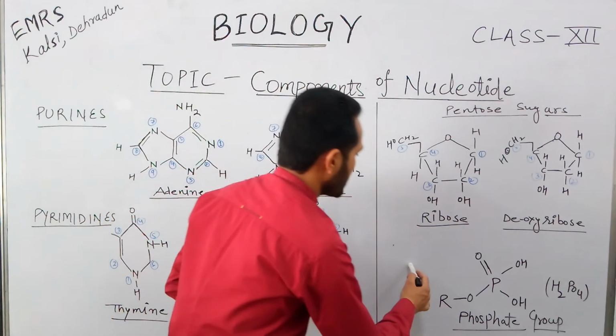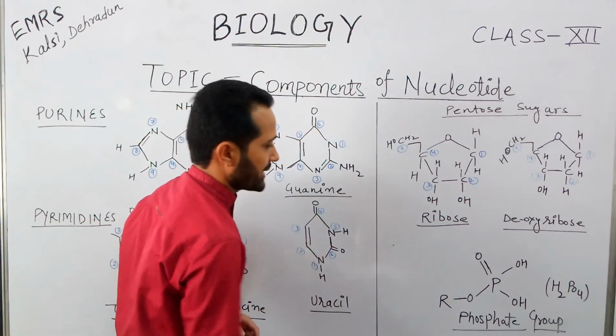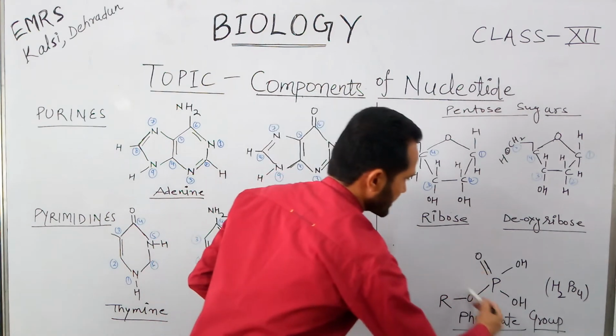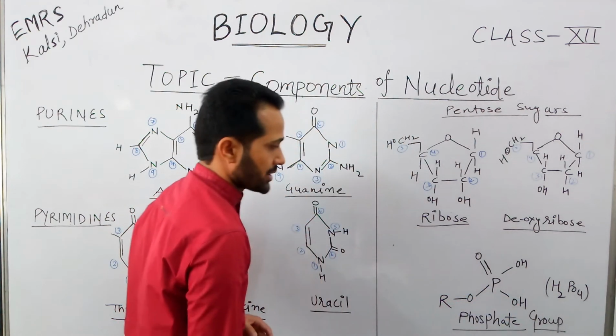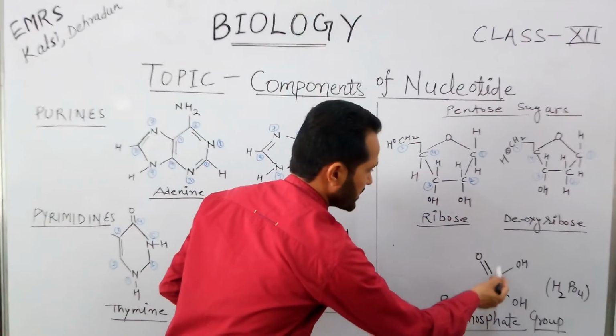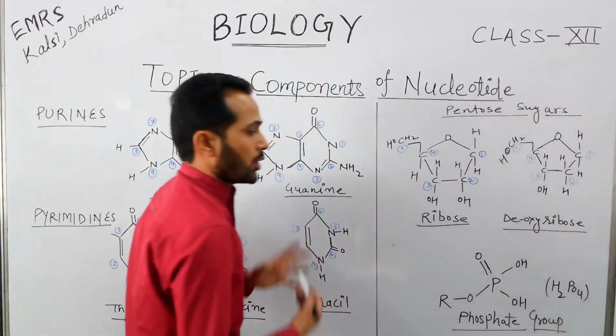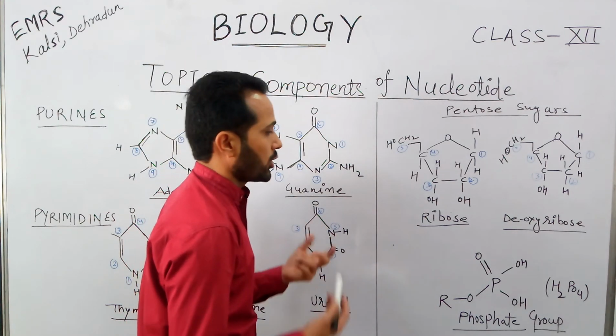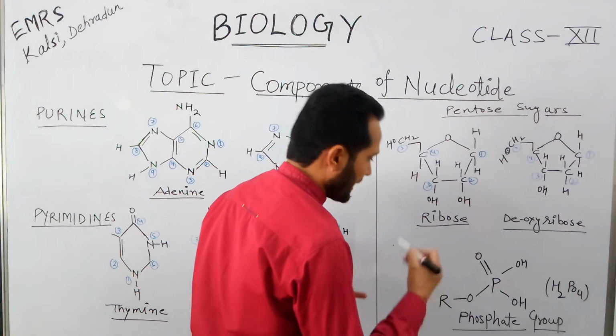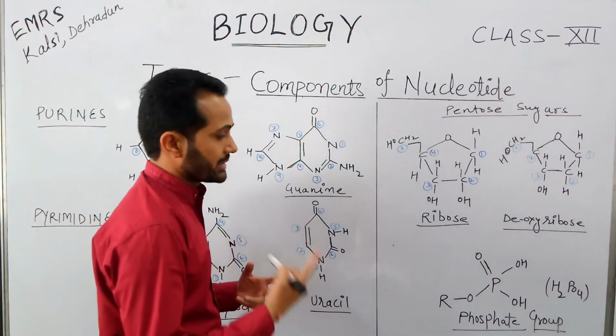The last or third component of nucleotide is the phosphate group. This is the structure of a phosphate group. As I said, phosphate group is a functional group which contains a phosphorus joined with 4 oxygen atoms, with single bonds and one double bond. Also hydrogen atoms are there. And another important condition is there.